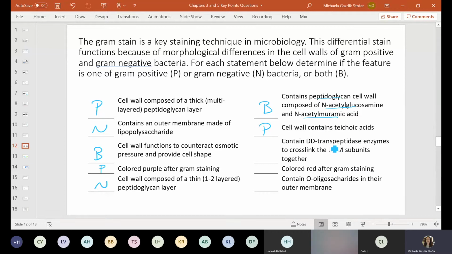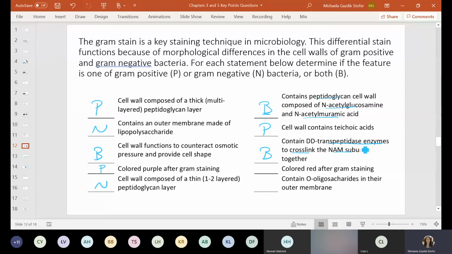Contains the transpeptidase enzymes to cross-link the NAM, so your N-acetylmuramic acid subunits. Remember we mentioned those sugars are all cross-linked together with your amino acids, and this is the enzyme that does that. Because peptidoglycan is found in both, they both have to be able to make those cross-links. So that enzyme is found in both of them.